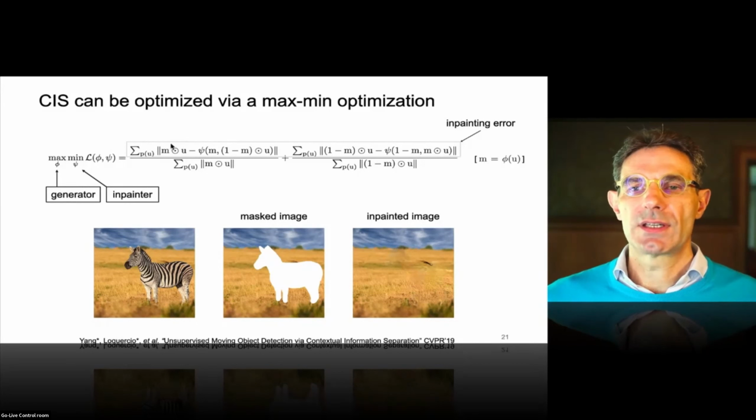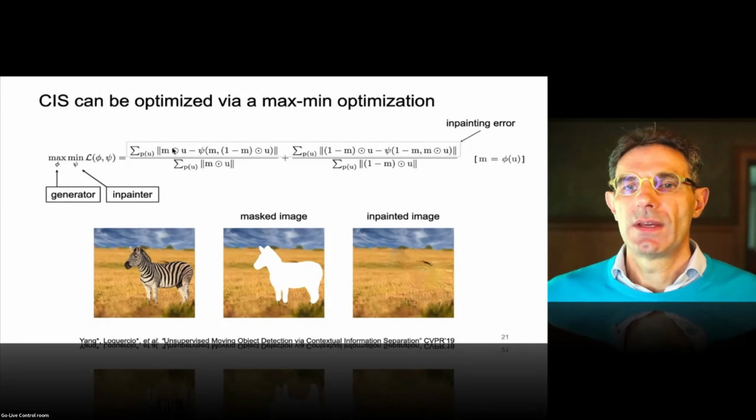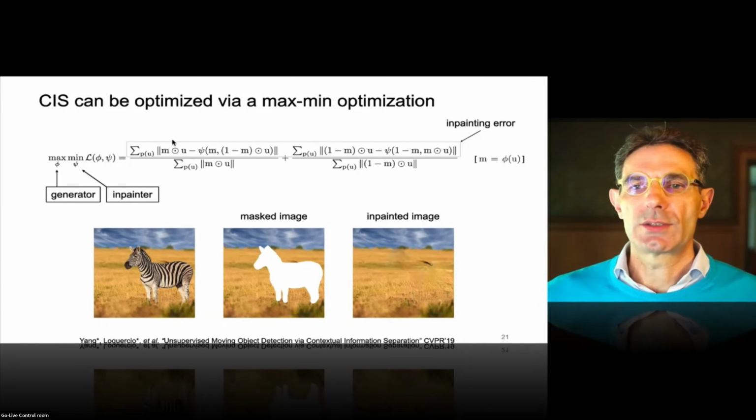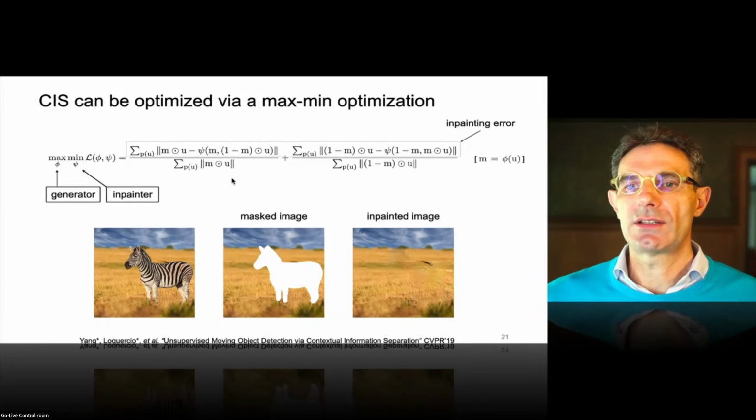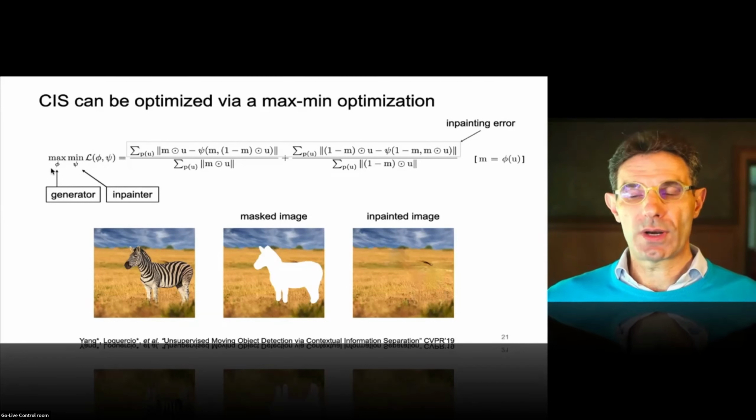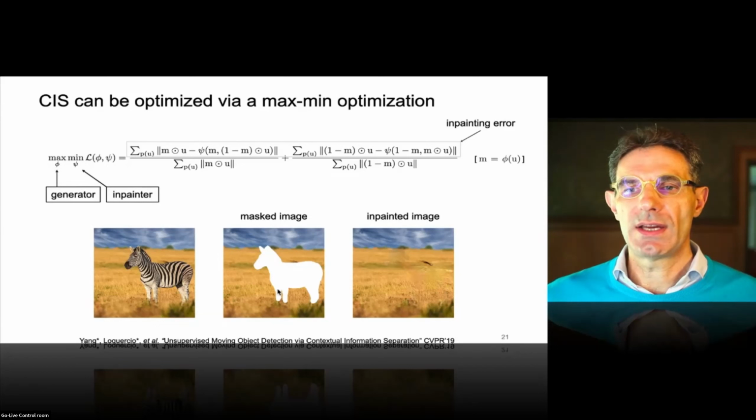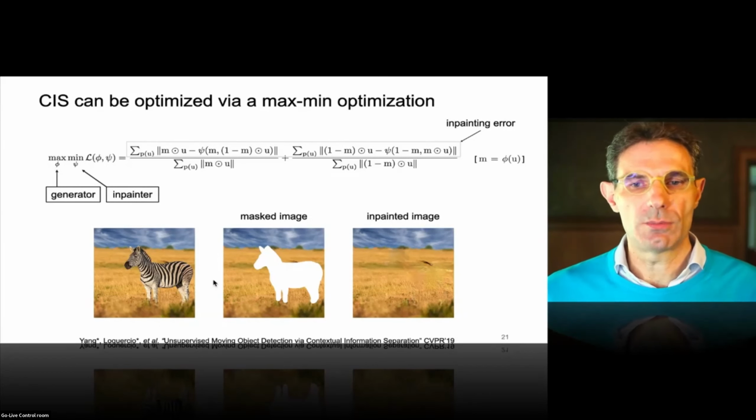And this is a mask that masks the inside. You're going to try to explain the inside using the outside and explain the outside using the inside, normalized somehow. You're going to optimize this by trying to inpaint as well as possible, and at the same time trying to make the inpainting as poor as possible. And by doing that, you should converge to the object.